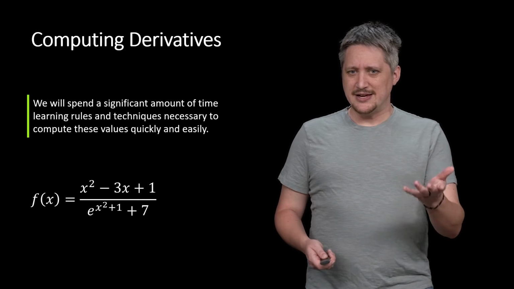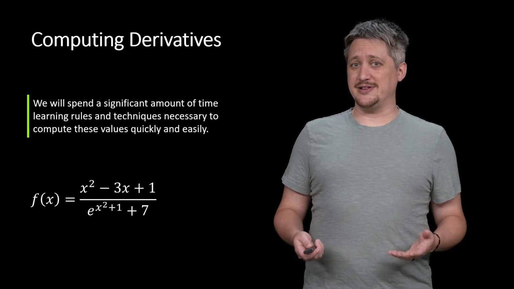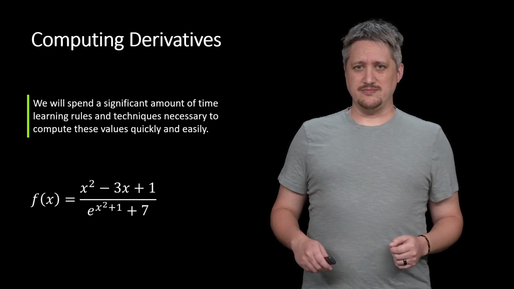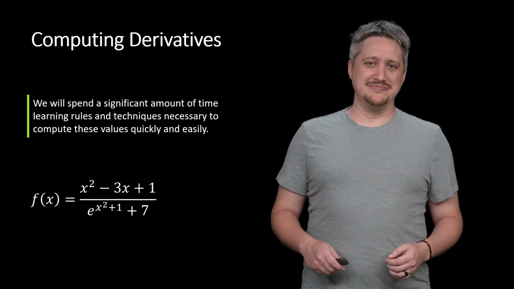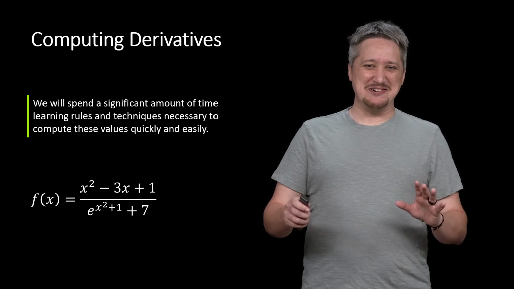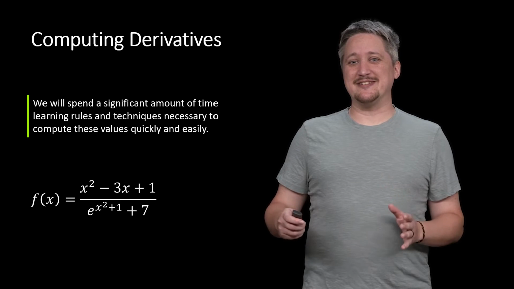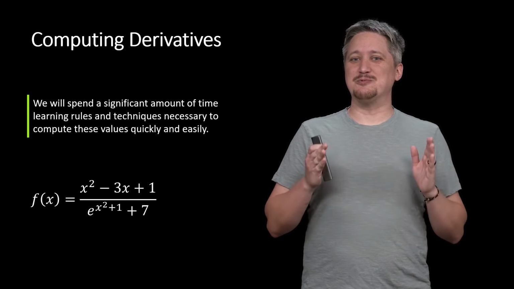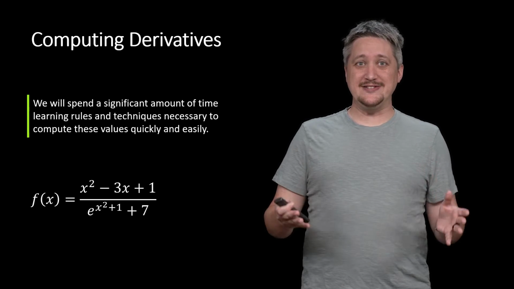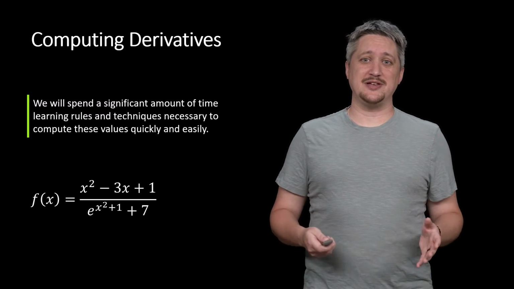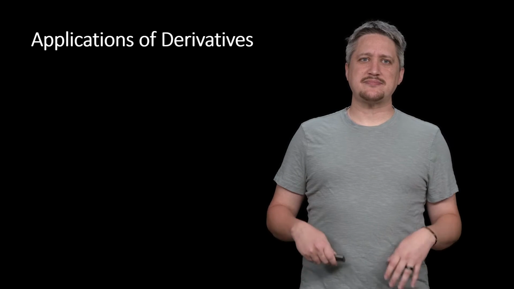So, for example, if you had a function like this and you tried to plug that into a difference quotient, you would probably want to hunt somebody down and beat them. So we don't want to do that. We're going to spend a significant amount of time learning how to tackle this relatively easily by breaking it apart, using various rules and these kinds of things. That's going to be a significant amount of time.